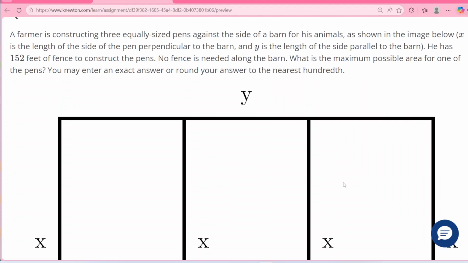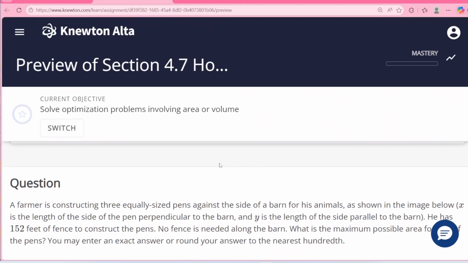All right, so the first objective I'm looking at is solve optimization problems involving area or volume.